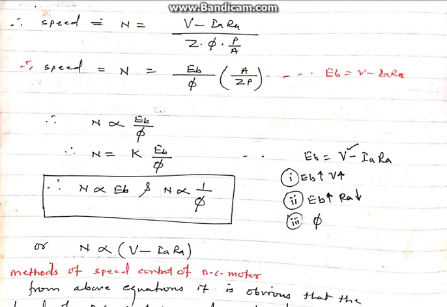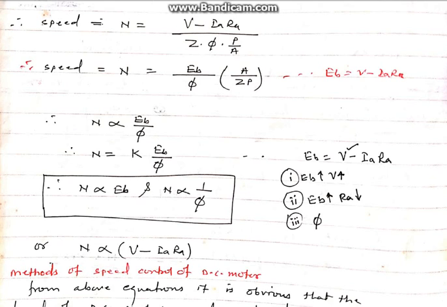So N is directly proportional to EB upon phi, that is N is equal to K times EB upon phi. So speed is directly proportional to the back EMF, and inversely proportional to the flux produced by the stator winding.